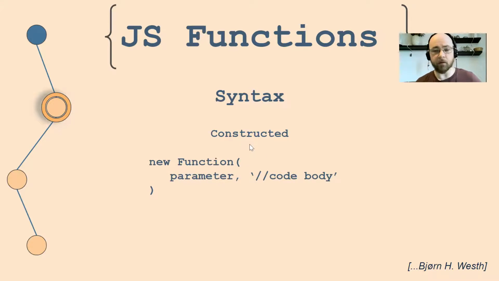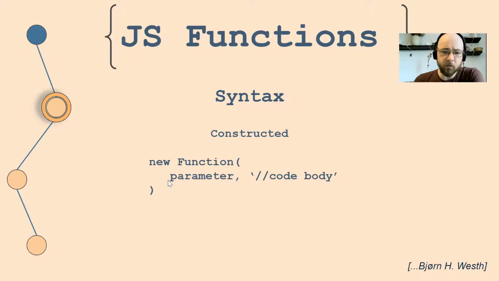I've never used it. I don't think you should. I only show it for completion's sake. It uses the new keyword, which means that it creates an object from a class. So you go new Function, and that's a function call. So you have the parentheses, and then you put inside what the constructor should do.